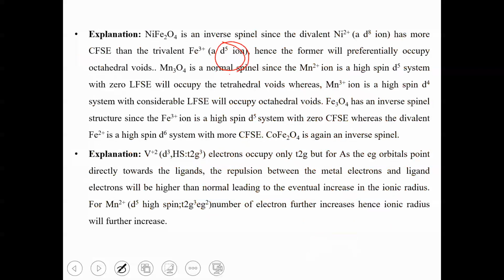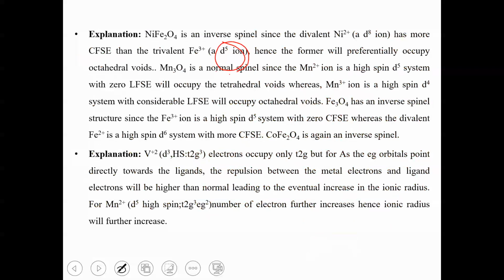Basically this question is related to the inter-electronic repulsion between the metal atom and the ligand, right? So eg orbitals are along the axis, and t2g is in between the axes. In octahedral complexes, the ligand approaches the metal through the axis.